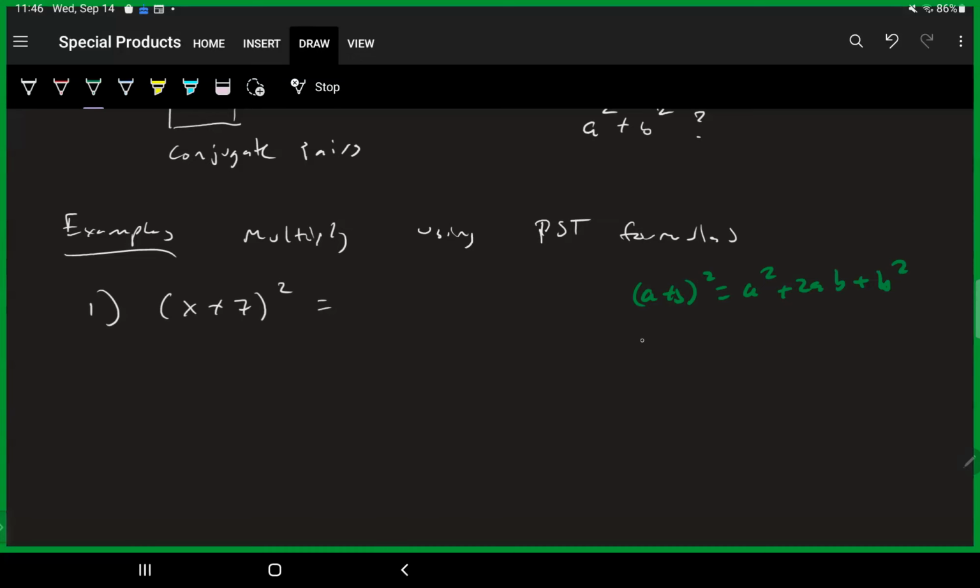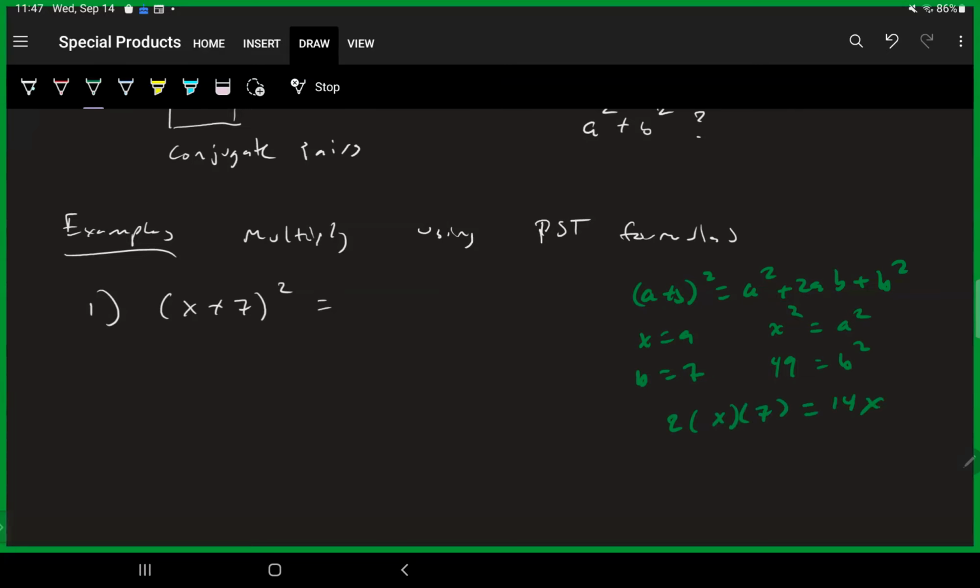Well, x equals a, b equals 7. x squared is a squared, 7 squared is 49, which is b squared, and finally my 2ab, 2 times x times 7, is 14x.